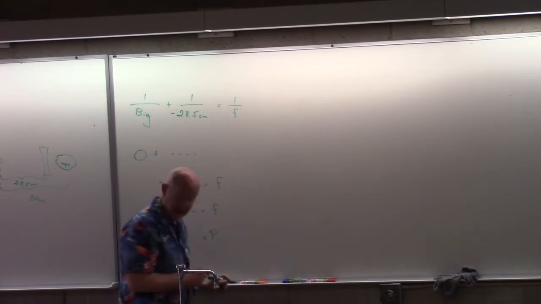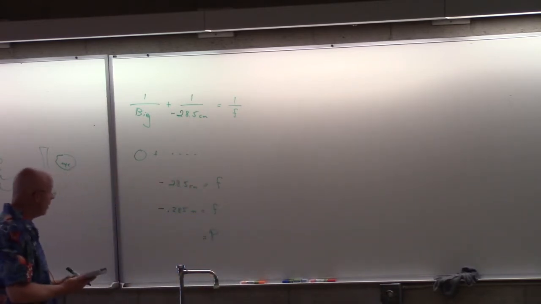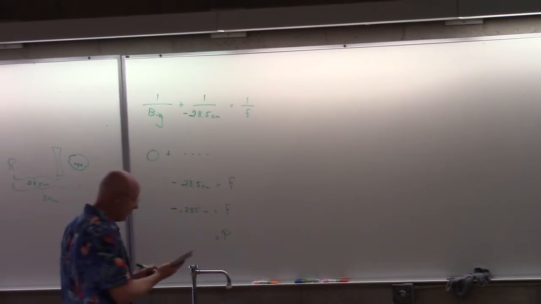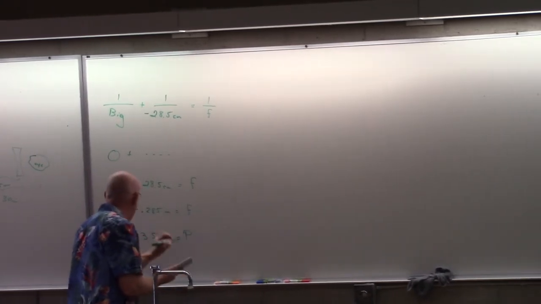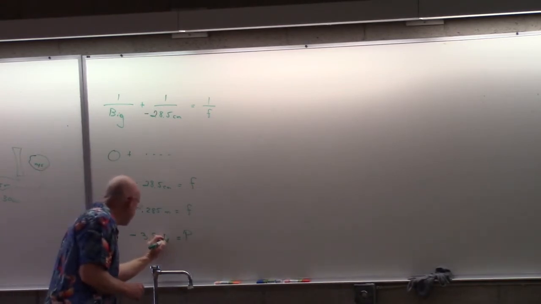Now if we take the reciprocal of that, that'll answer the question of what is the power. So negative 0.285 reciprocal. And so we're looking at a negative 3.5 diopters.